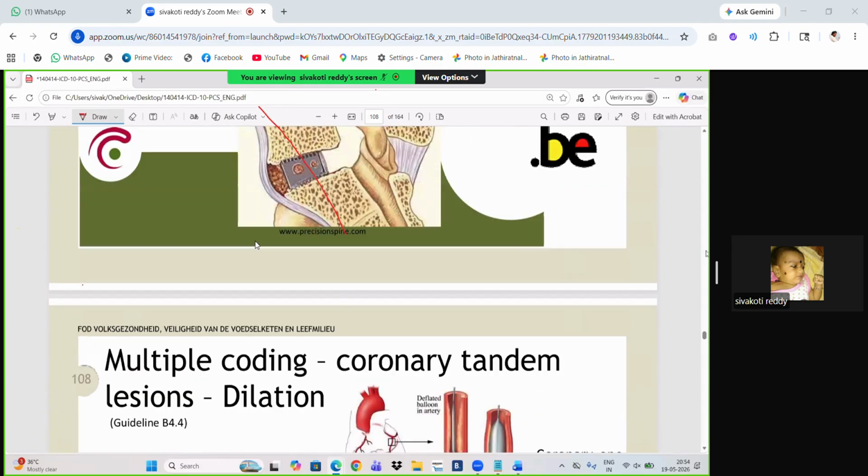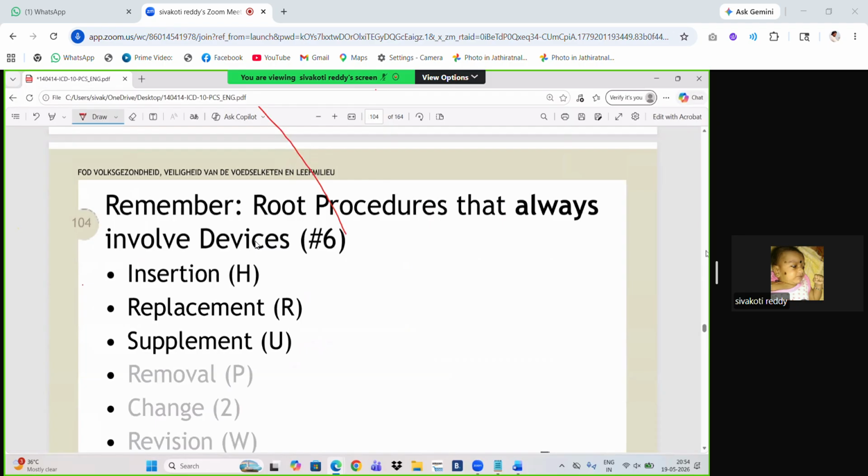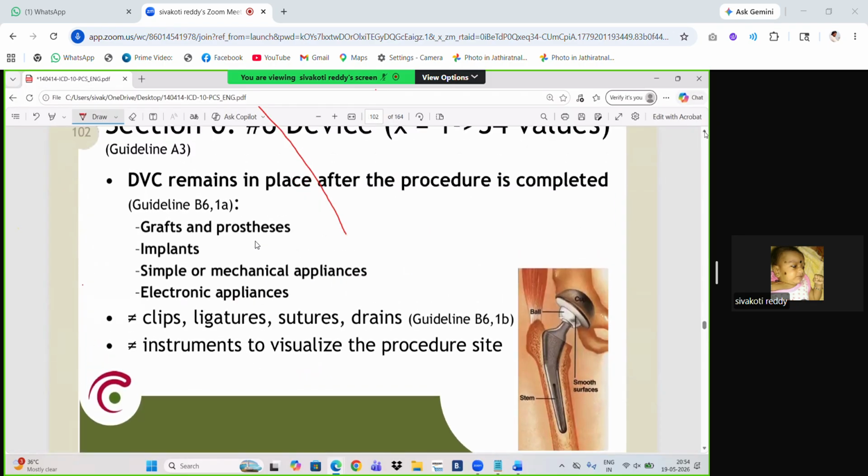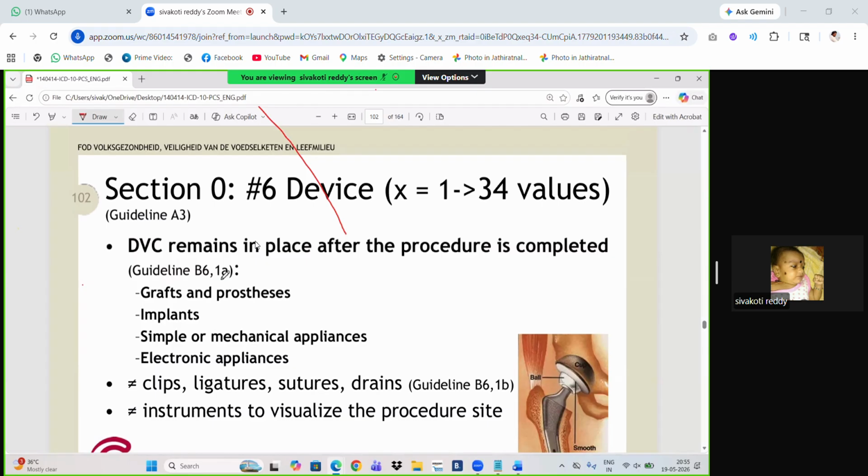Devices means remains. Devices remain in place after the procedure is completed.